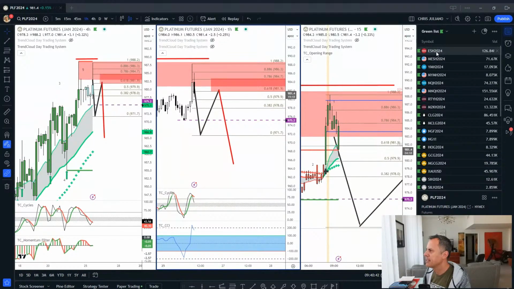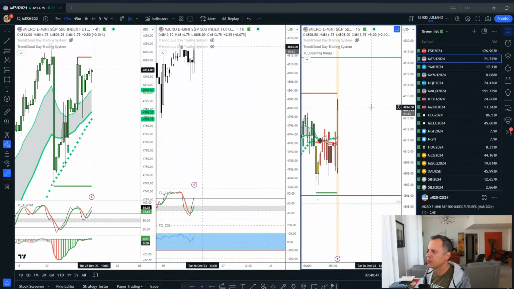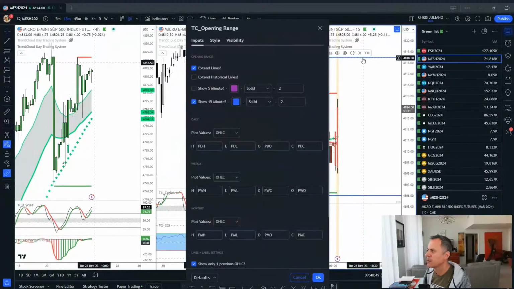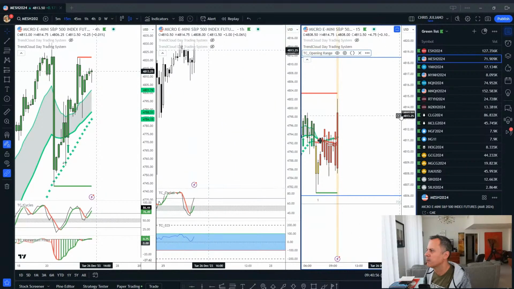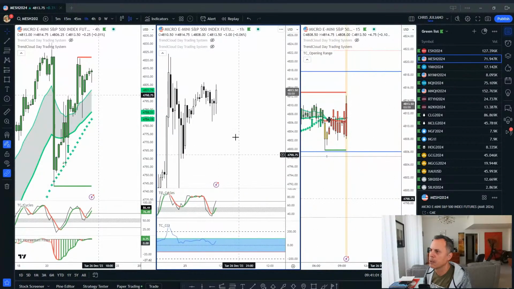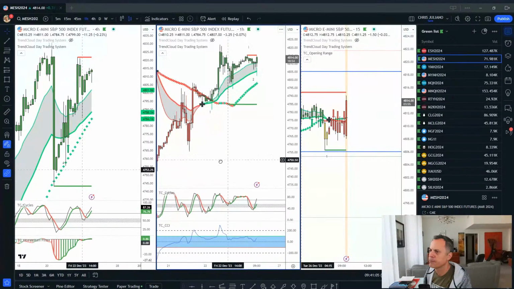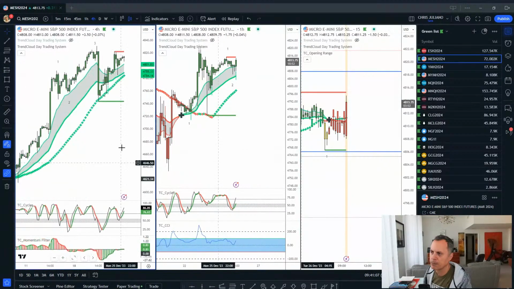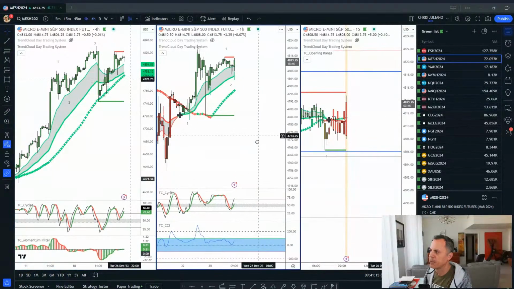We've almost got the indexes here, right? We're setting up the opening range. And what do we have? Uptrend, uptrend, cycling up, momentum up, momentum up.